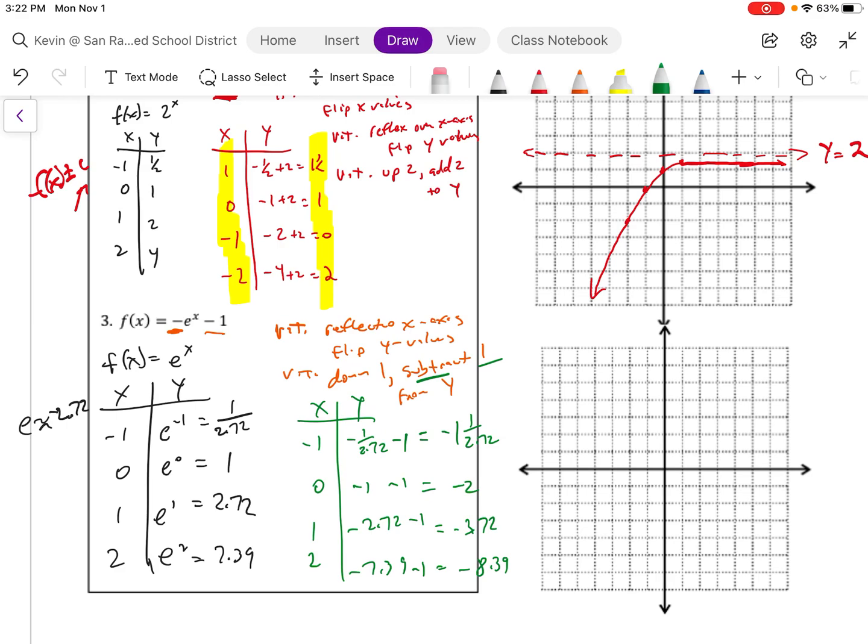Come over here, negative 1 and negative almost 2. At x is 0, it's at negative 2. When x is at 1, it's at negative 3 here.